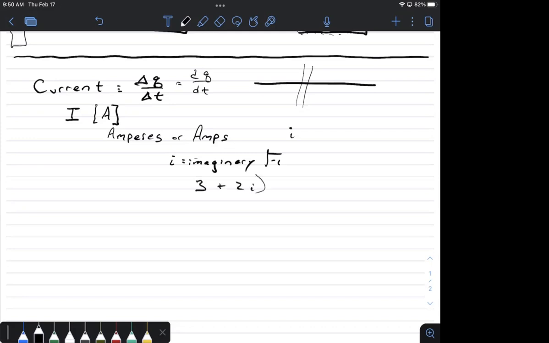You know, that's a number. That's called a complex number, an imaginary number. And so using little I for current and little I for the imaginary number is bad, because especially when we start getting into AC circuits, we use complex numbers. And so there could be a confusion.